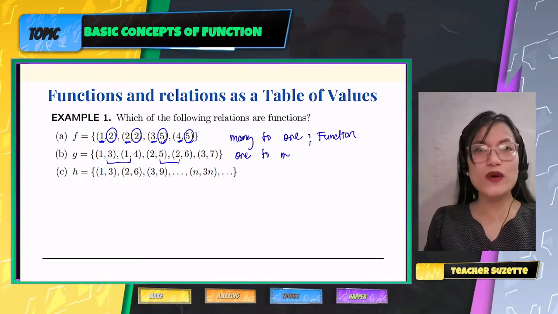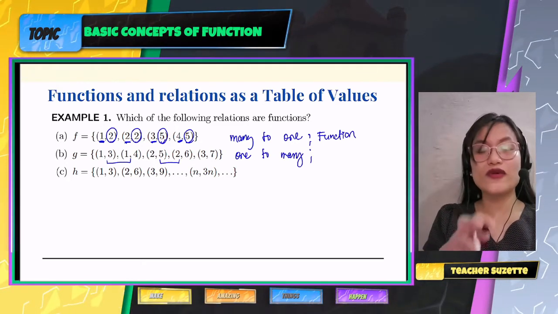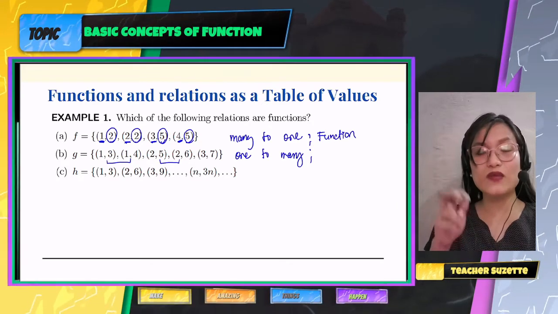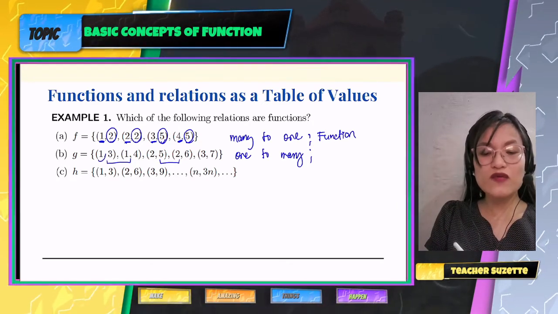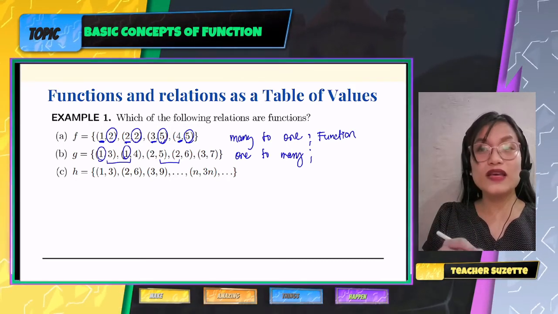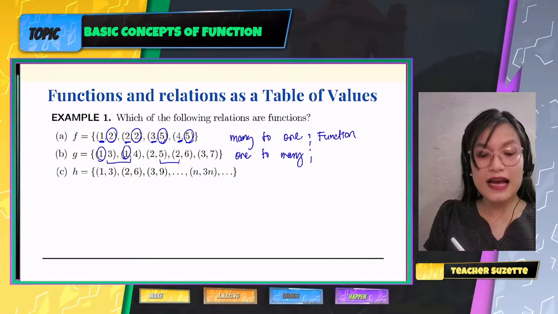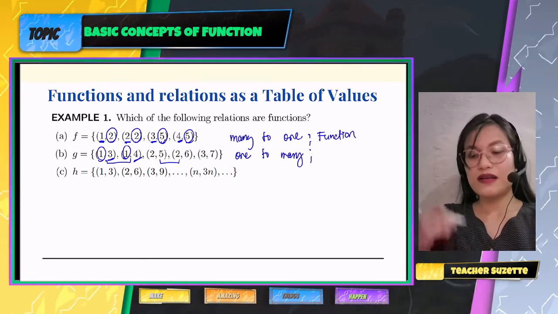Sige ma'am, bakit po one to many? Tingnan po natin dun sa first 2 pairs natin of ordered pairs. We have (1, 3) and (1, 4). Ibig sabihin po, for just one value of domain, 1, you can have an output which is 3 and 4. Ganon din sa isa.